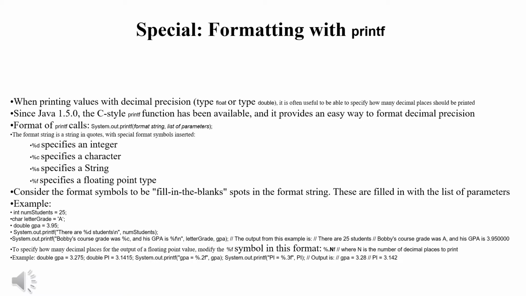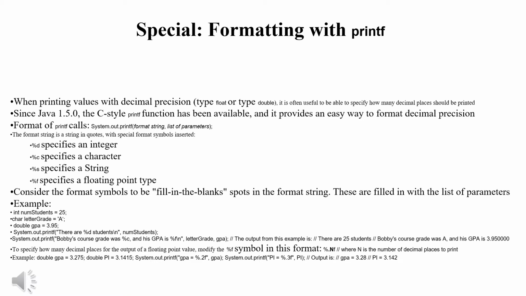What are those values? A and 3.95. So since the first one is A, I need to use %c because it's a character. And the GPA of this person is a floating point type, right? So it's 3.95. So that's why here you can see I have used %f, right?